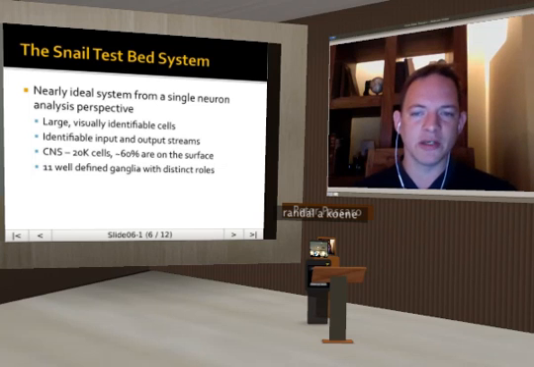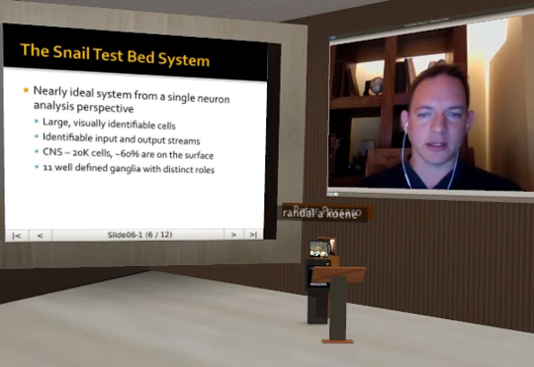If you go below this, you don't have the same type of organization. You really do have behavioral organization into particular centers in mollusk systems. Lymnaea, the system that I work in, this aquatic snail, is a good example of that. The much more widely used Aplysia is also an excellent example of this type of behavioral organization.